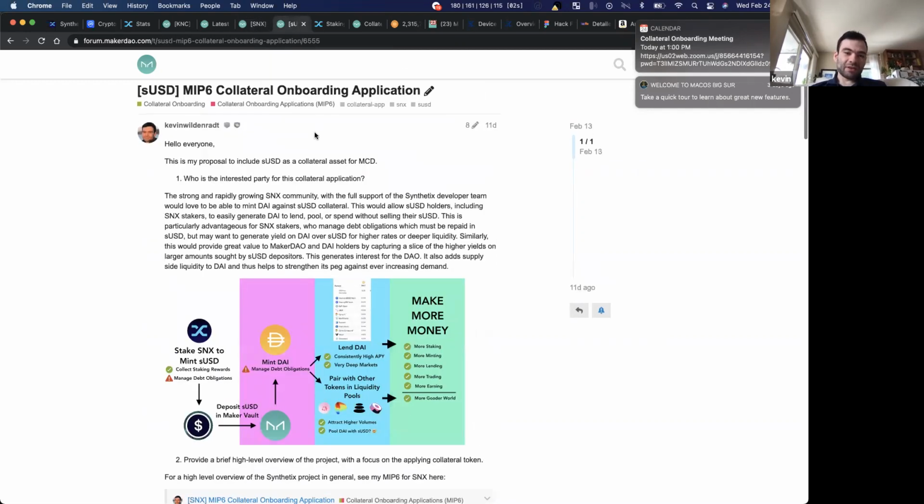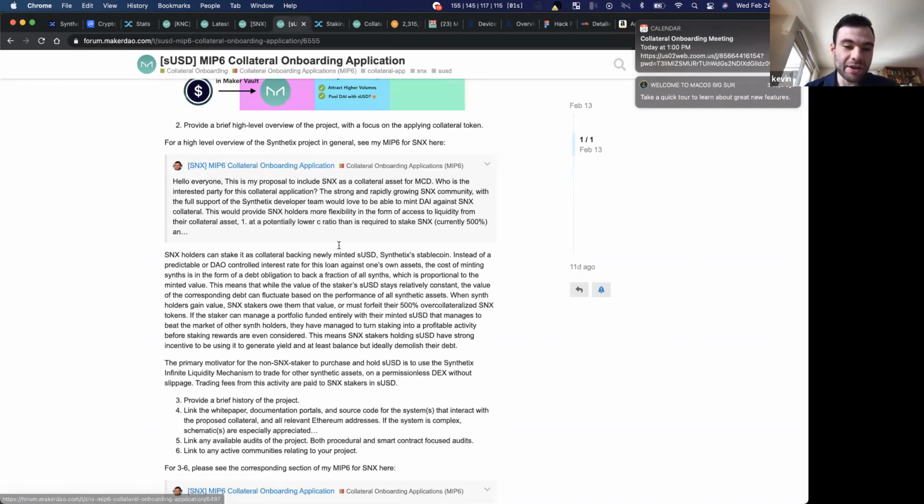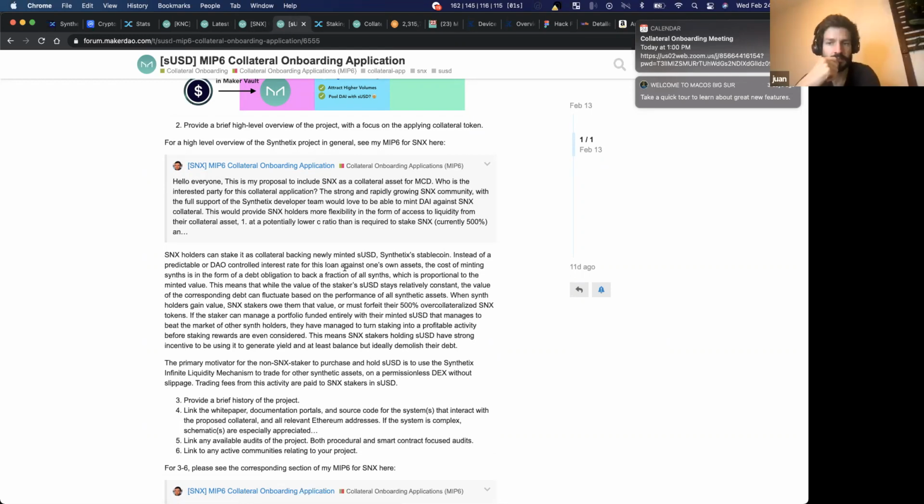Then looking at the sUSD application, it is less liquid than Synthetix, with a smaller market cap, but I think a lot of the value is that it is a stablecoin. So it will behave much like USDC, where the value isn't going to fluctuate that much. You don't have to have a super high over-collateralization ratio, and there's not going to be a lot of auctions for it, because its value shouldn't fluctuate too much.